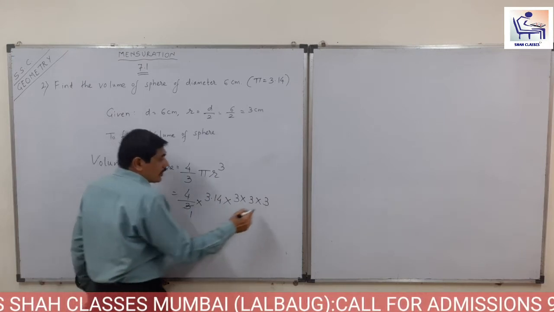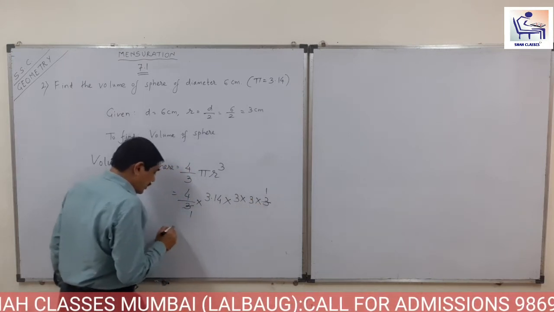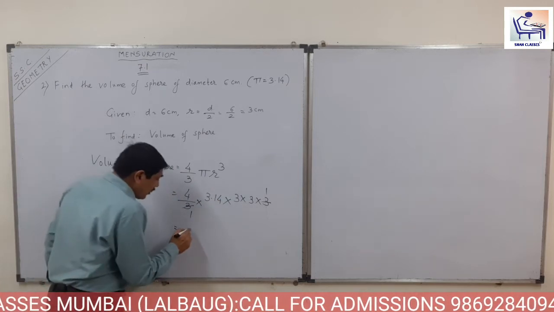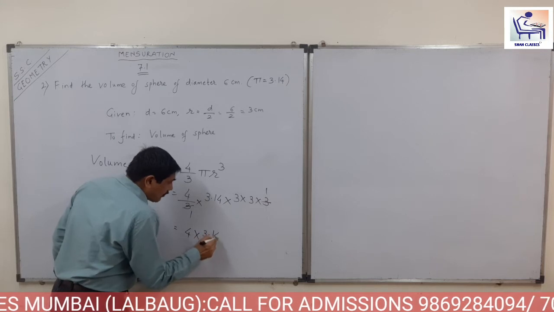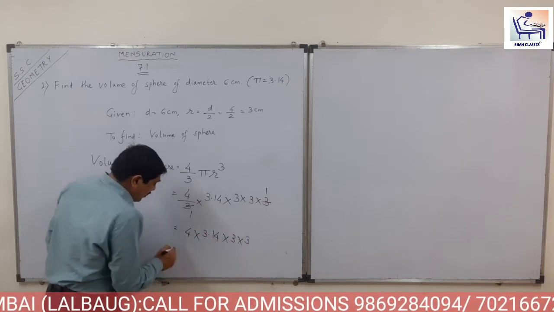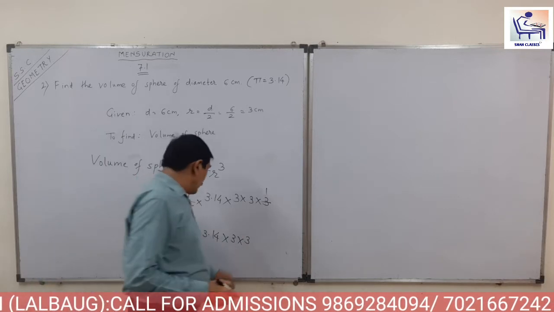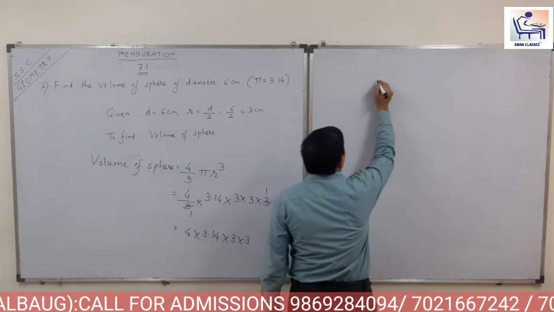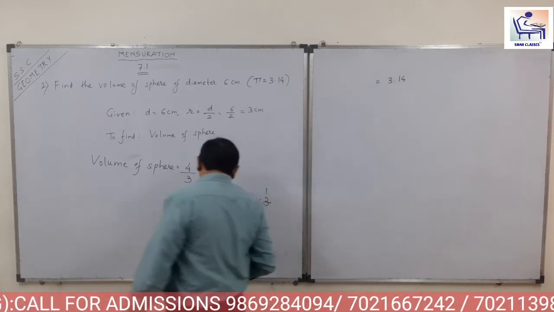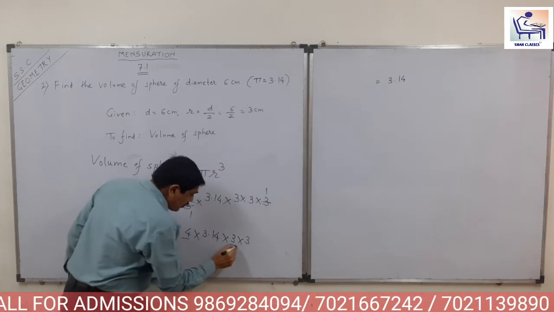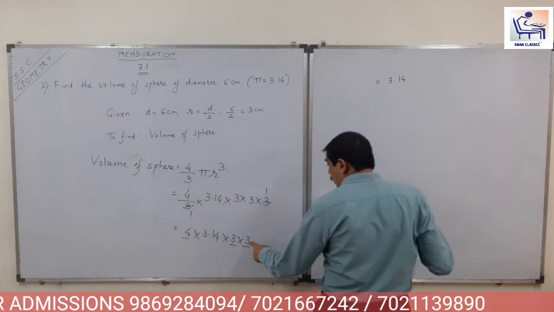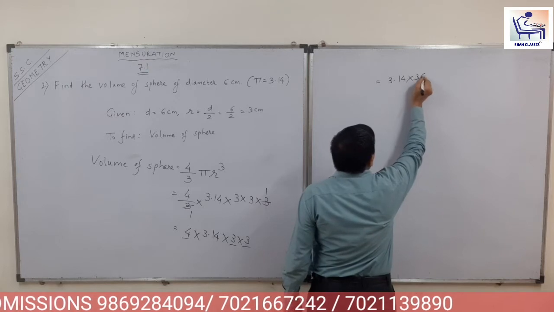The 3s cancel, and the rest of the numbers if you multiply, you will get your answer. So 4 times 3.14 into 3 into 3. 4 3s are 12, 12 3s are 36. Leaving the 3.14, I multiply the rest: 3.14, 4 3s are 12, 12 3s are 36.